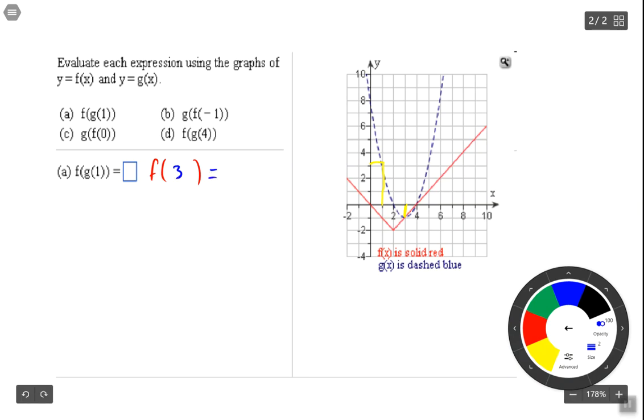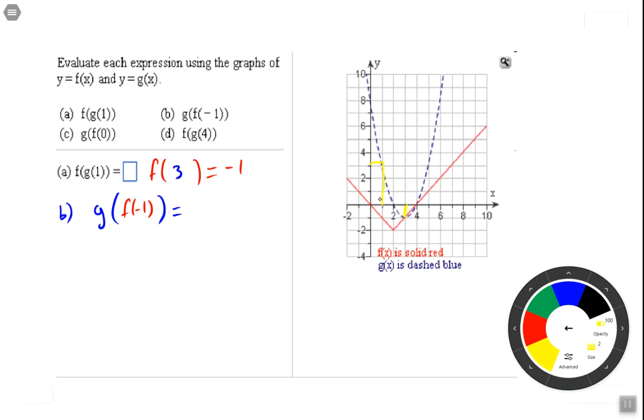And then we got F of 3 equals -1. So for B, we got G on the outside, so we got blue on the outside, G, and we got F on the inside, so go to the F graph and find me what -1 equals. Go to the F graph, which is the red one, go to -1, what is the Y?